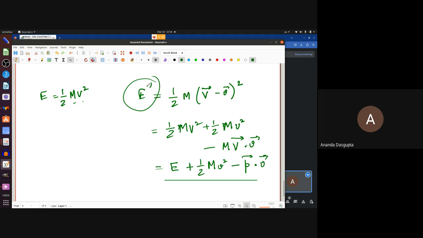The transformation rule is the same no matter which part of the energy you're talking about. Whenever one observer sees energy and momentum as E and P, another observer moving with velocity v with respect to the first observer will see an energy of E plus half M v squared minus P dot v. Is that clear? This is the non-relativistic formula.